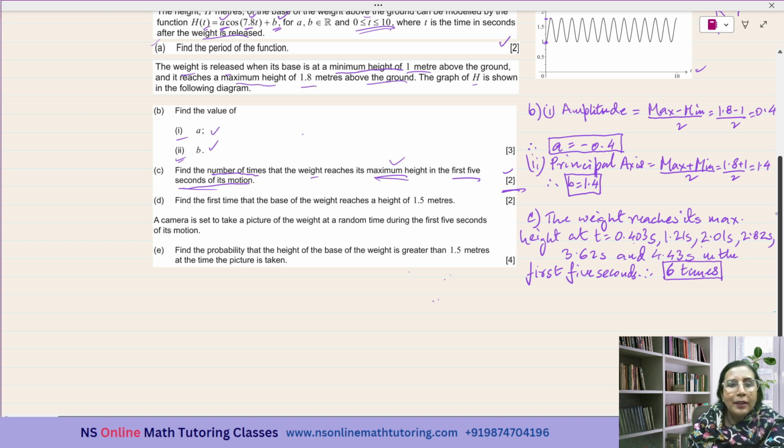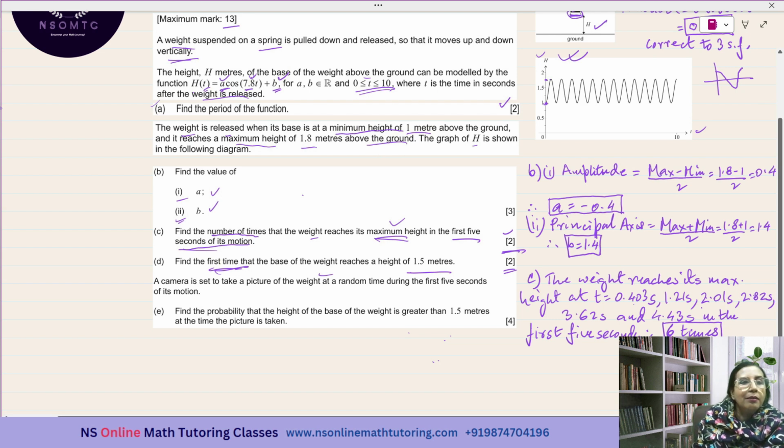Subpart D is: find the first time that the base of the weight reaches a height of 1.5 meters. Even this is containing 2 marks, so I don't want to give just the time. I can read the time from the graph that I'm having in the calculator, but I want to give some more information because it is containing 2 marks. So what else can I give?